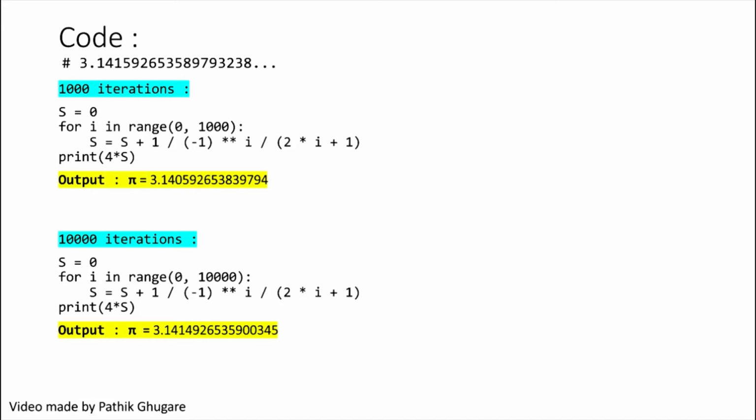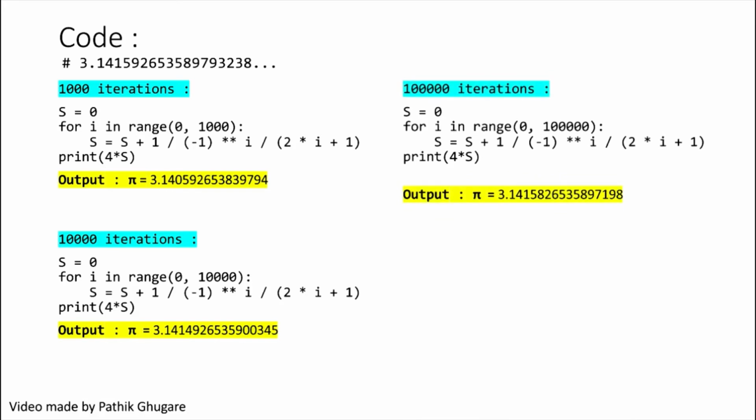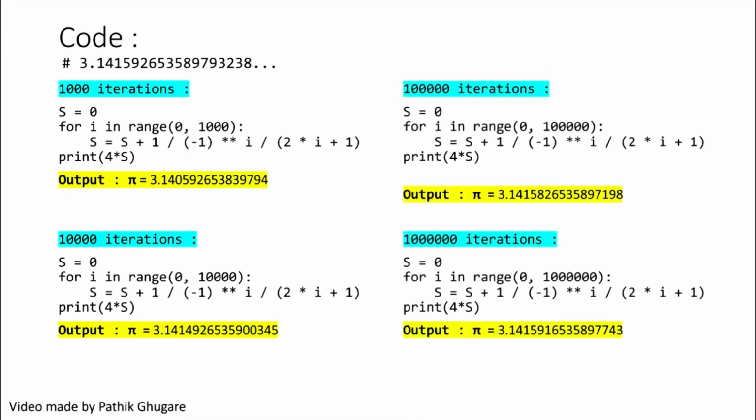That is, we are getting approx value till 3 decimal places for 10,000 iterations. And if we go on doing this for higher iterations we will get more and more precise value. For example, here for 10 raised to 6 iterations, we get approximate value of pi, accurate till 5 decimal places.